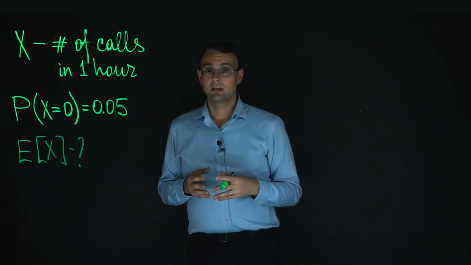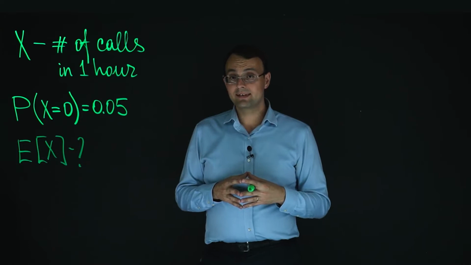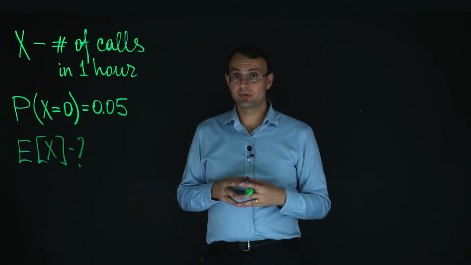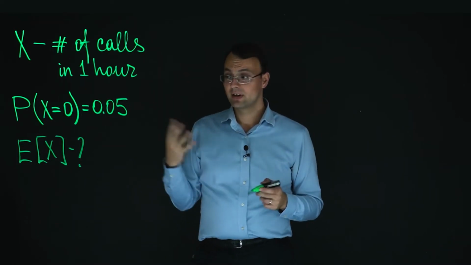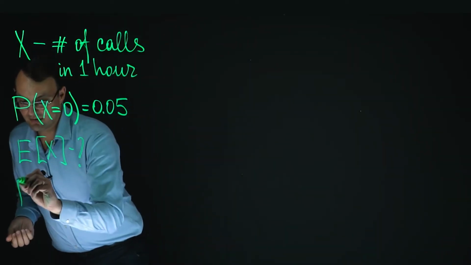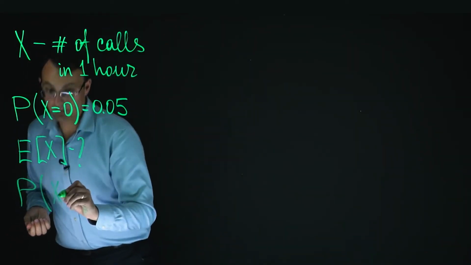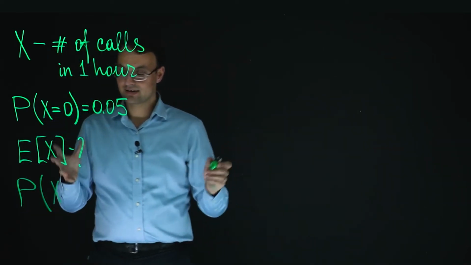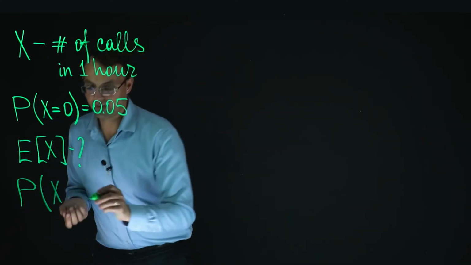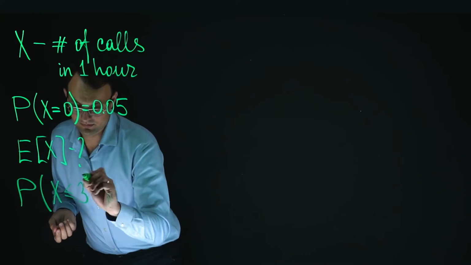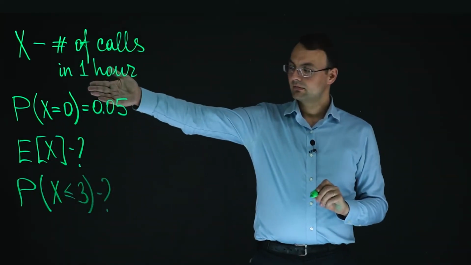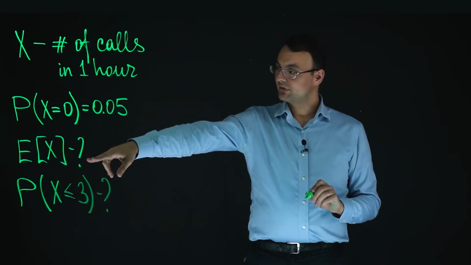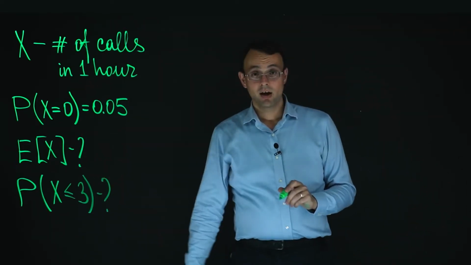And then what is the probability that no more than 3 people will call in the following hour? So probability that x, number of calls during the next hour, will be no more than 3. So this is given, and we are to find these two.